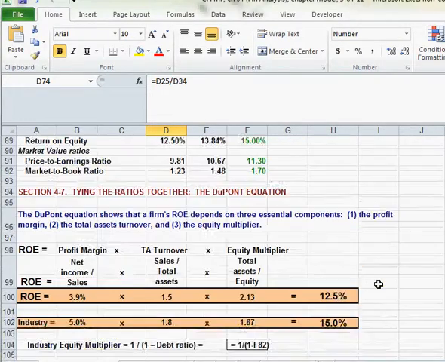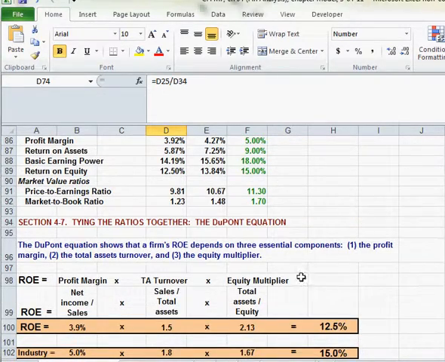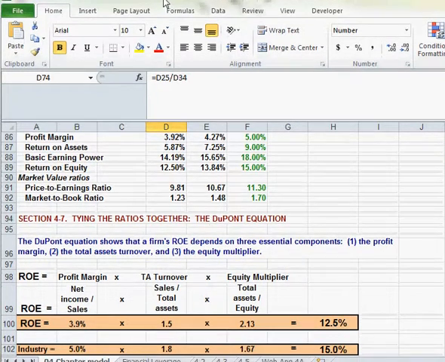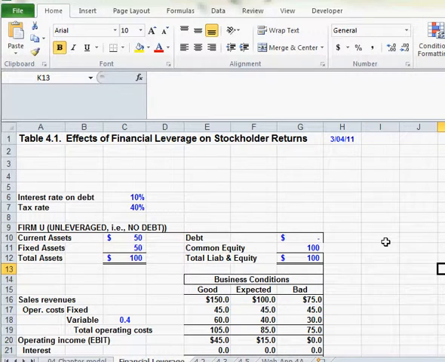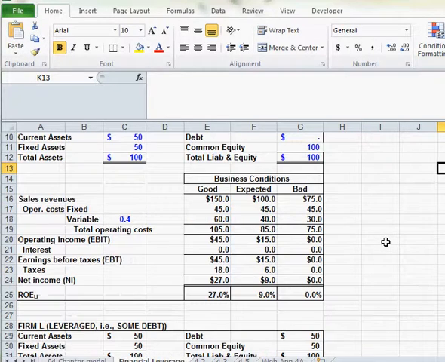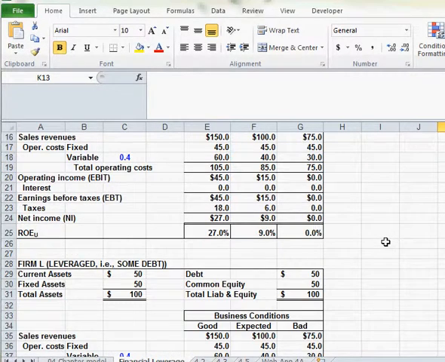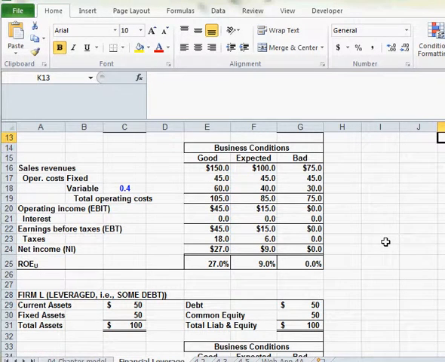There are several other pages on this spreadsheet that you can take a look at. Table 4.1 references back to the book again, but it shows you how different amounts of leverage will change your return on equity based on whether the business conditions end up being good, average or expected, or poor.